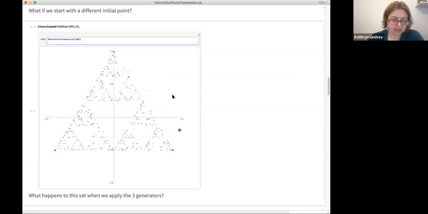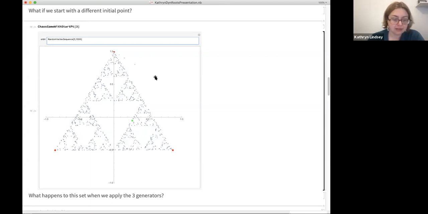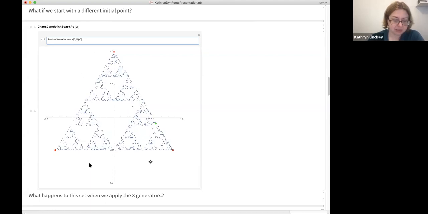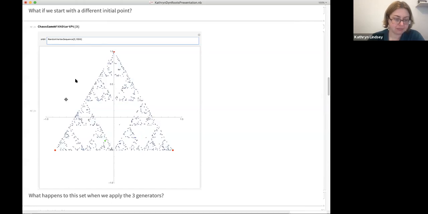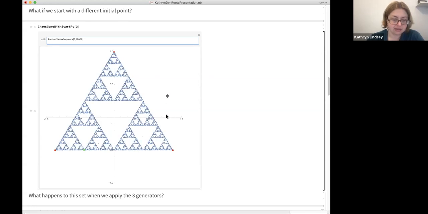It does change, but how about 1,000? Now this picture is changing even less. You can see it does change a little bit, but at 10,000, you can barely see the picture change at all.